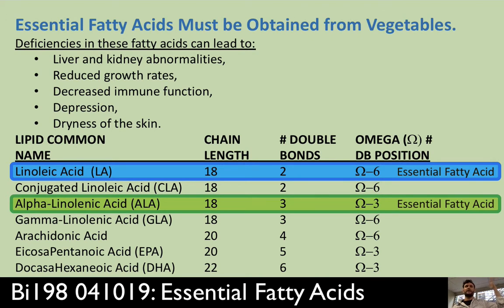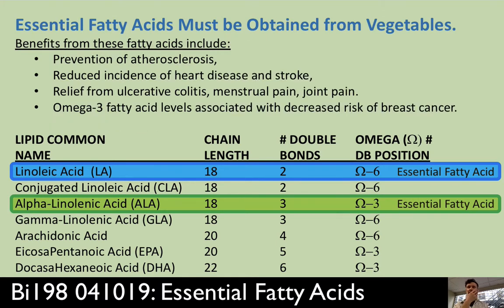To get those, you need ALA or the linoleic acid. Does that make sense? You can eat EPA and DHA and get that in the diet, and not eat linoleic or linolenic acid, but it's going to lead to some other issues for you.